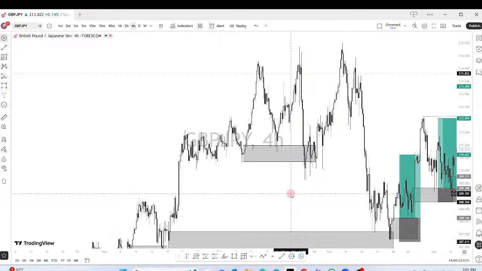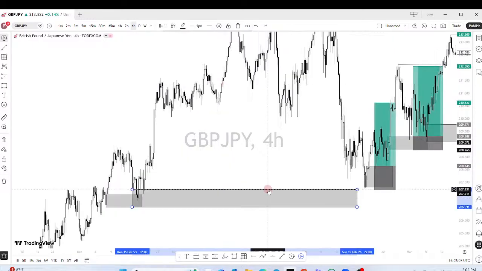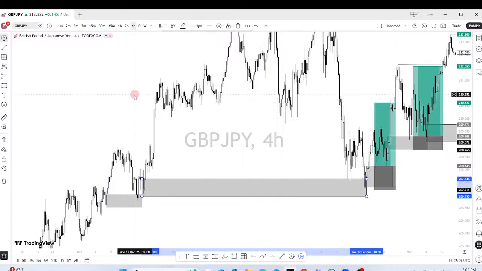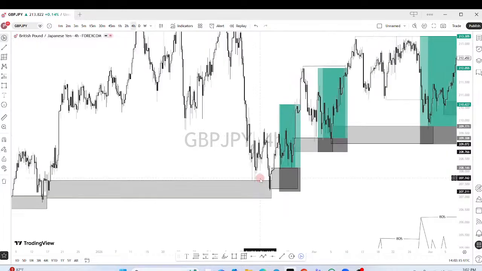No, because you need to understand that there's no liquidity here that price will clear. You have a demand level here, which you are waiting for price to come back and clear this liquidity, because everything sitting here is liquidity. Price comes and clears this liquidity, taps here, and we see this buy.